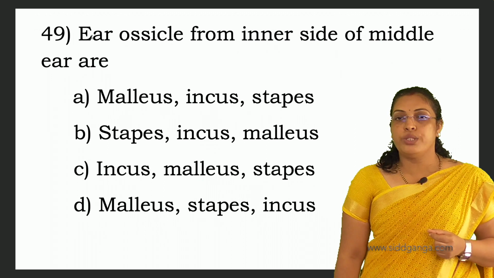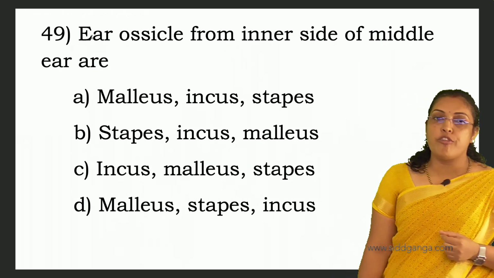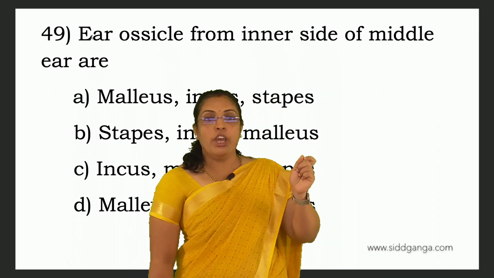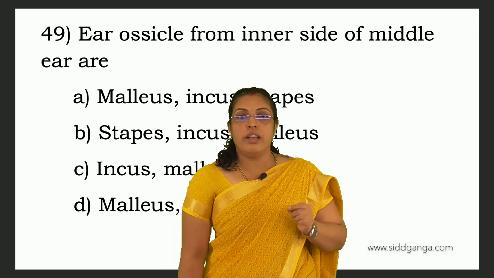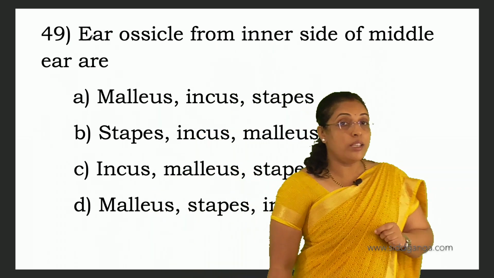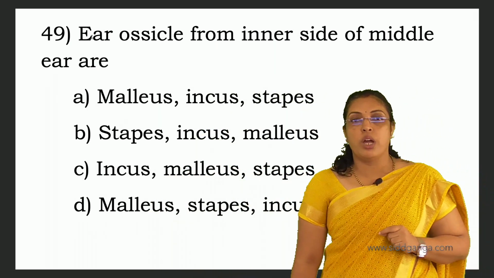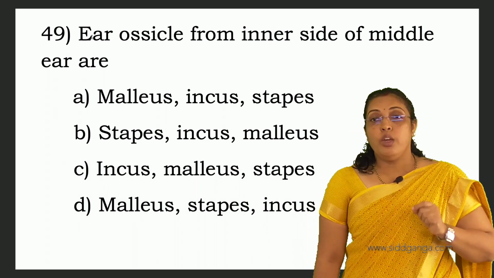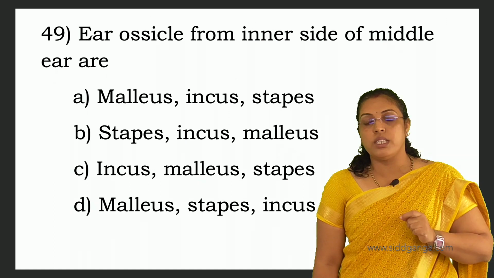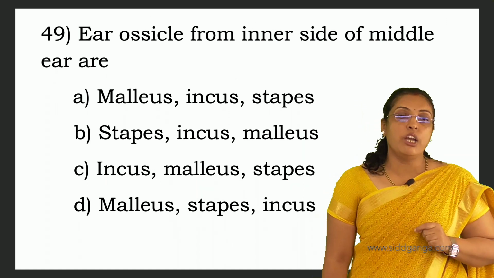And ear ossicles from inner side of middle ear are... Here we will just change it. When they say ear ossicle, we will write malleus, incus and stapes. But while reading the question you have to give more concentration, because they have asked ear ossicles from the inner side of the middle ear.